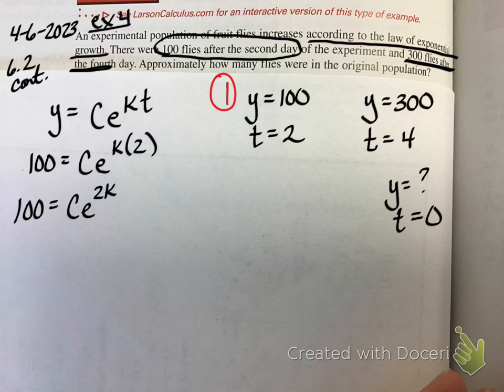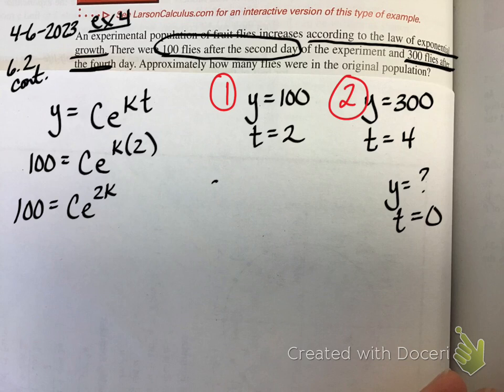Yesterday the t was 0 and we were able to figure out what c is, but this function is going to work a little differently, this example. So now let's take this second fact and see what we get.